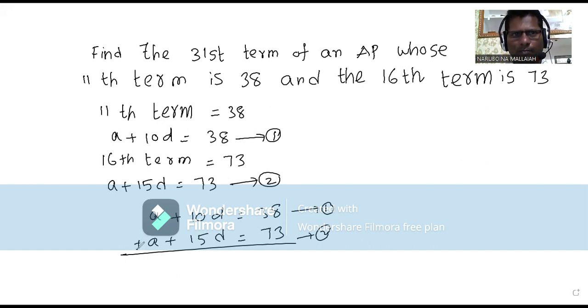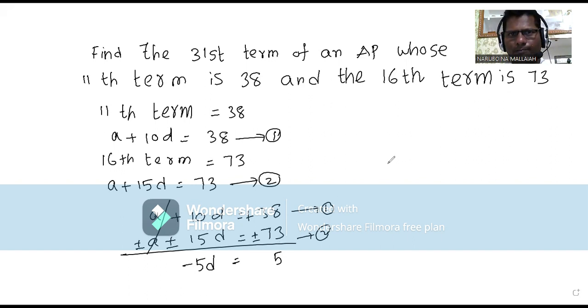A minus A gets cancelled. Now here plus 10D, here minus 15D. So 10D minus 15D is minus 5D. That is equal to 38 minus 73. We have to perform subtraction: 73 minus 38 is 35.